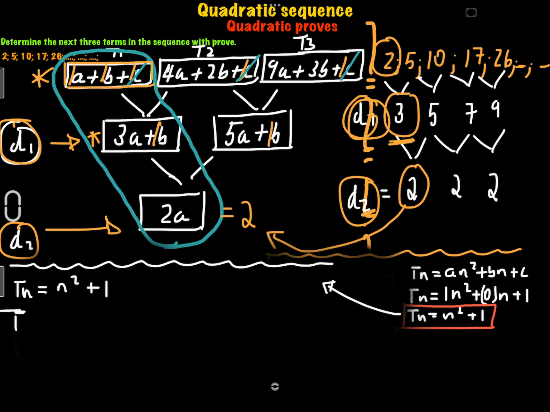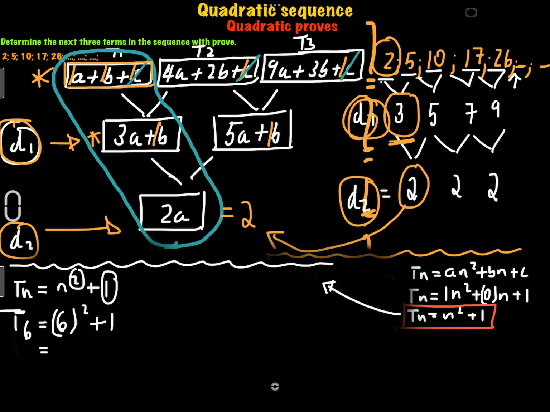Remember, we have term 1, term 2, term 3, term 4, term 5, term 6. We want to find the sixth term, so we substitute 6 where n is and raise that to the second power, plus 1. That's our general formula.